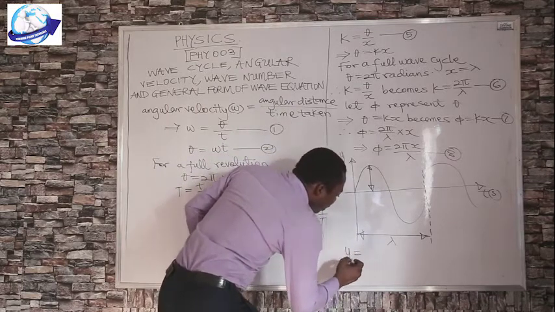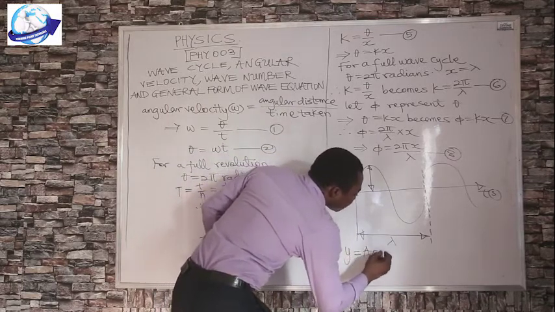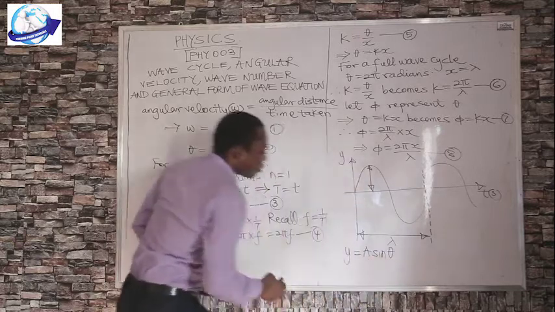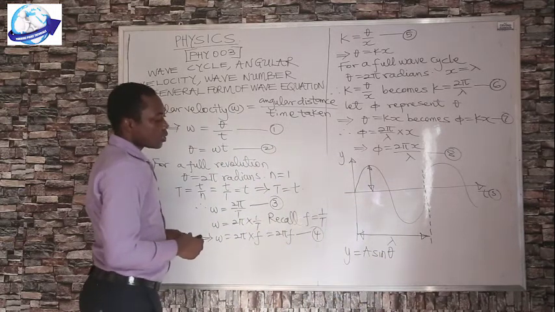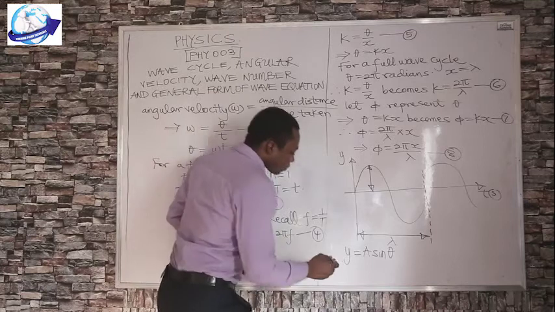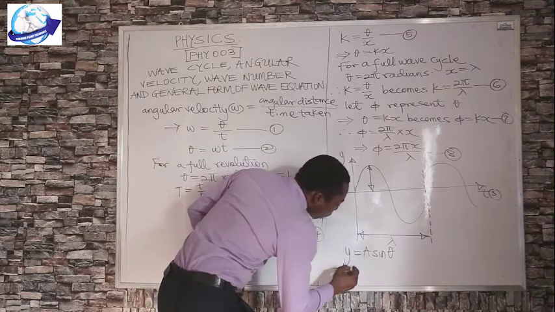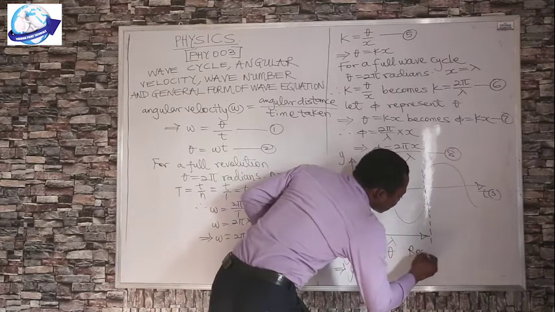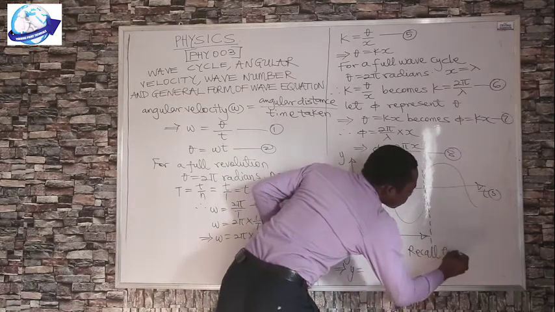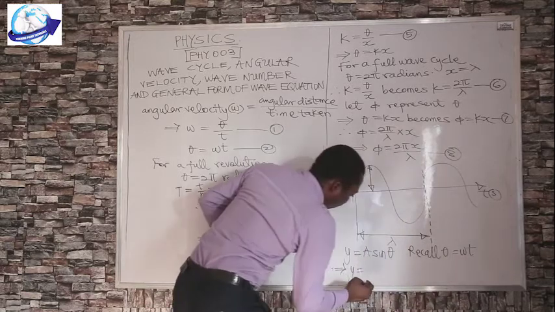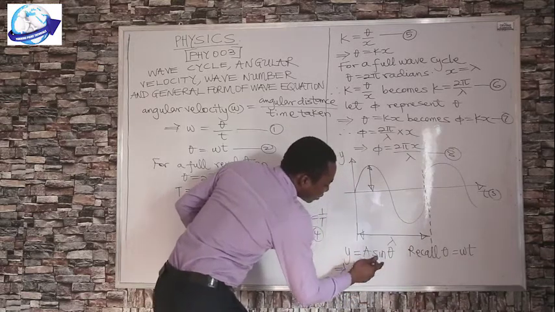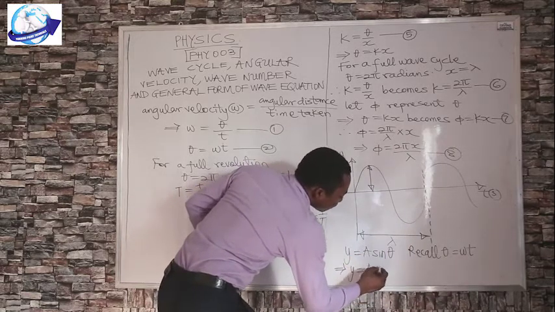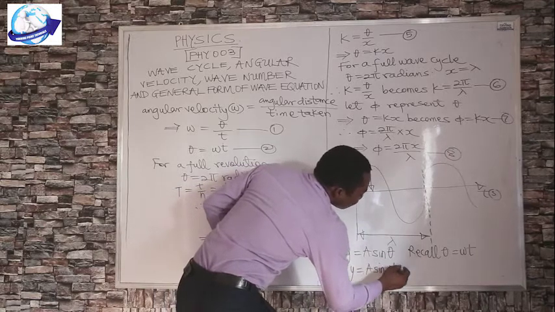Since y is equal to a sine theta, and recalling that theta is equal to omega t, y becomes a sine omega t.